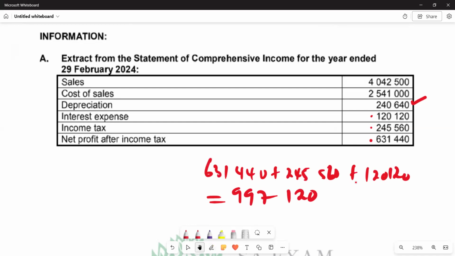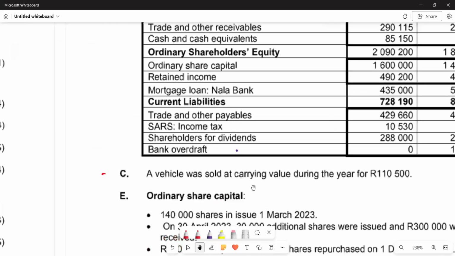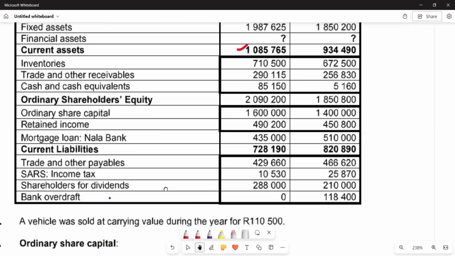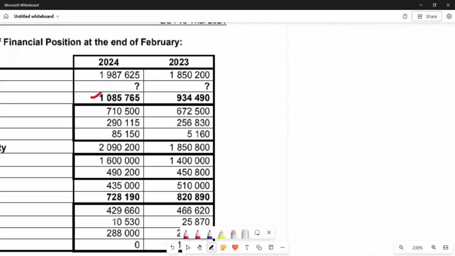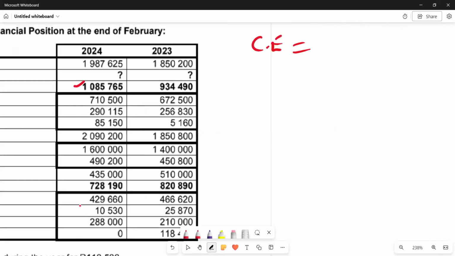Then for the denominator, we are going to find the average capital employed. And you know that capital employed goes to our equity. We're going to say owner's equity plus our non-current liabilities.